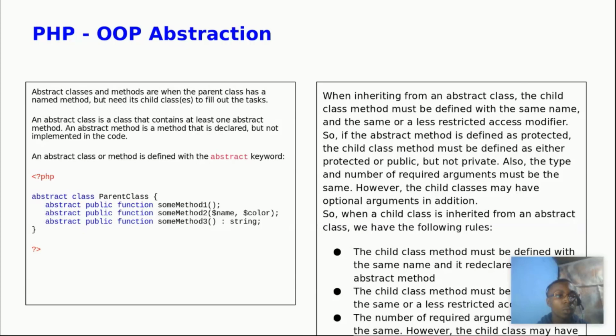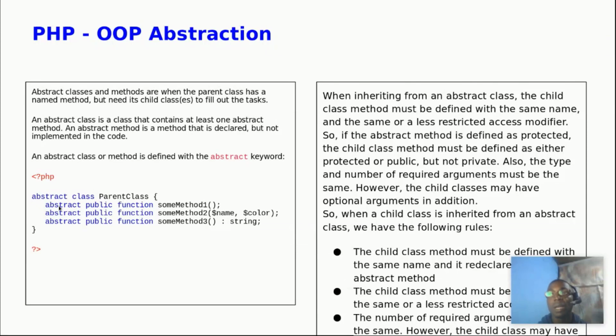Okay, so an abstract class is a class that contains at least one abstract method, and an abstract method is a method that is declared but not implemented, right? So if you look at what is on the screen, you have a class called parent class. That's an abstract class.